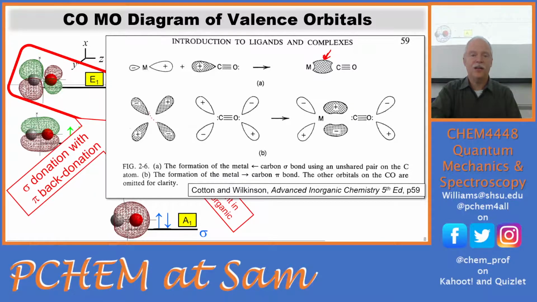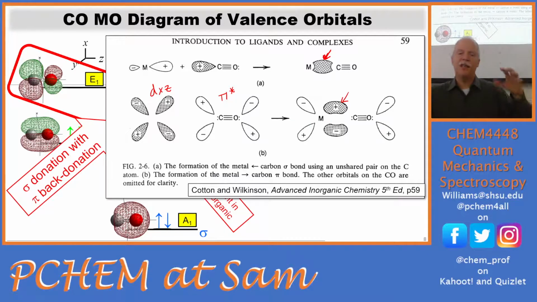And then that's strengthened by a d orbital, like the d xz orbital, interacting with the pi star to form this association here. So that's a really important piece, and that's why these carbonyls really stick to metals. They snap on. You get 6 of them, and now that metal's volatility goes up, its solubility goes up in organic solvents.